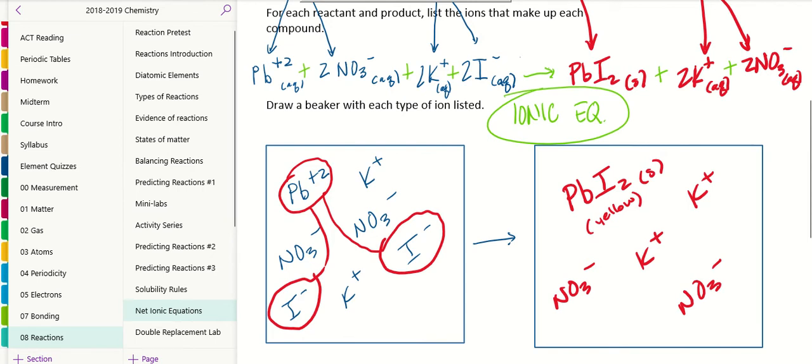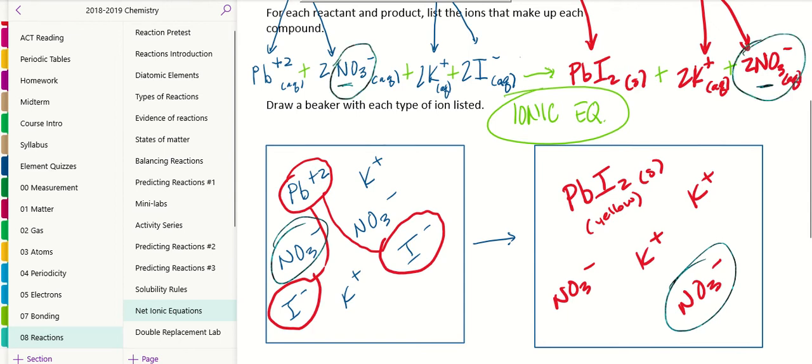Look at nitrate right here and look at nitrate right here. What happened to it? It's kind of a trick question. Literally, what happened to it? It's floating around right here. Nothing happened to it.